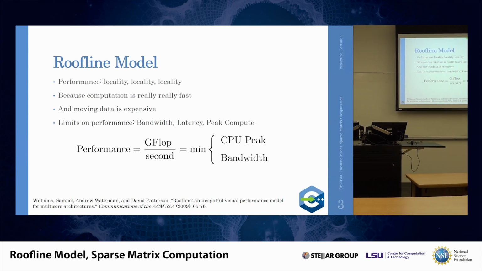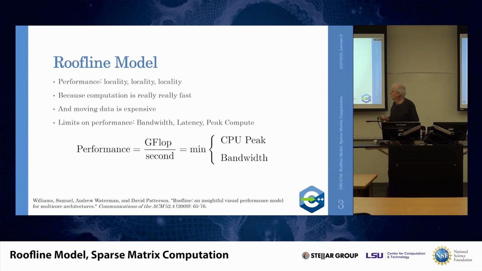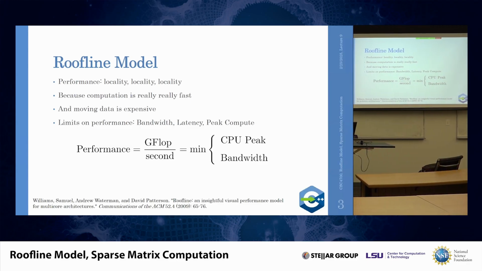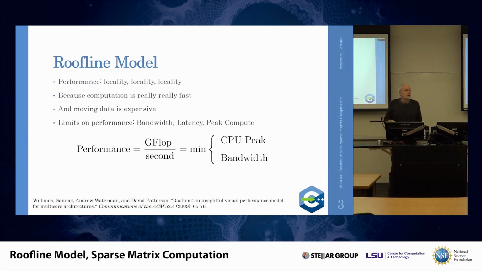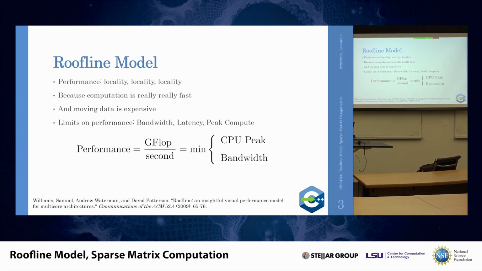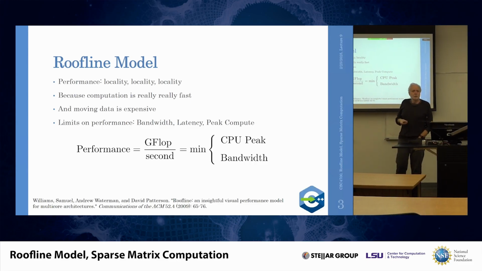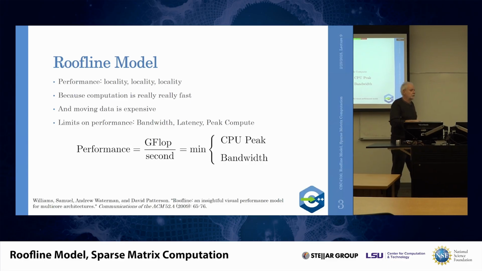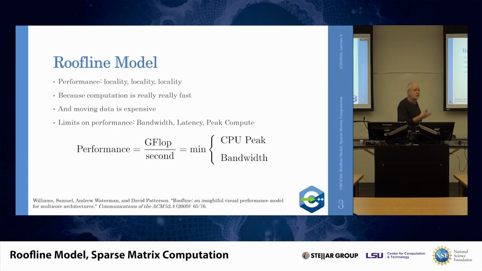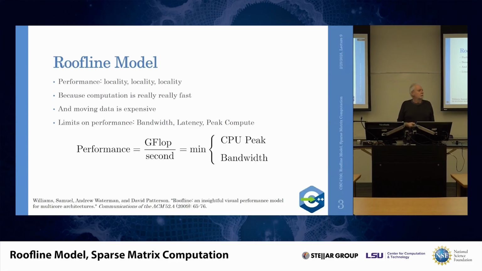So if we start formulating a simple formula, for us, performance we want to measure in gigaflop per second. How many billion floating point operations per second can we actually perform? On one hand, this is limited by the CPU peak performance. We can look that up in the manual and they will tell us, this CPU can do, I don't know, 50 gigaflop per second or something like that.